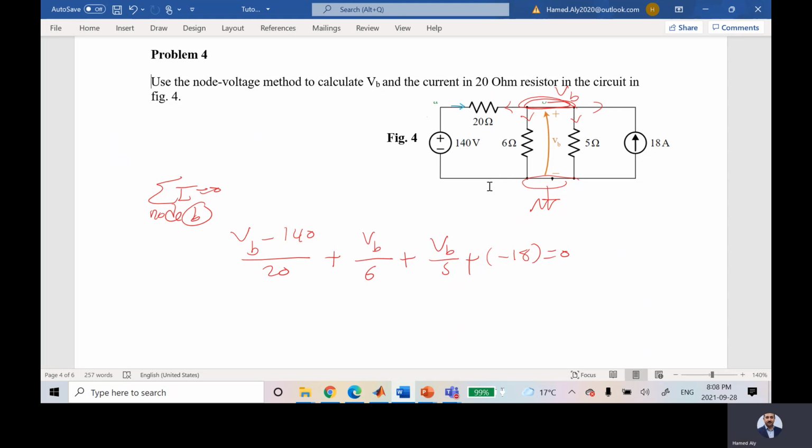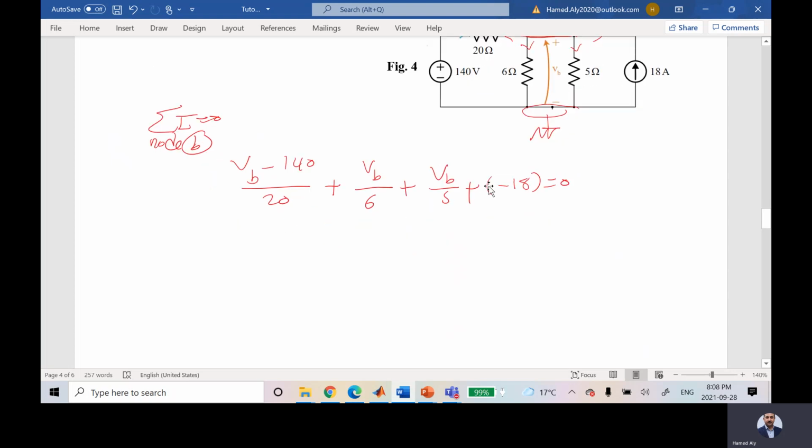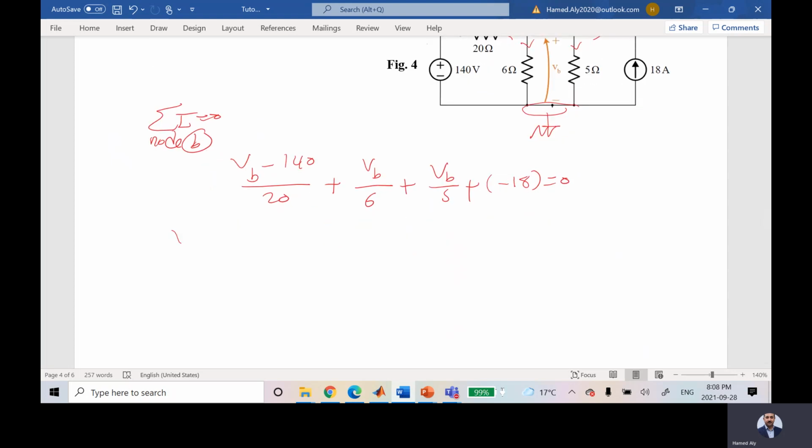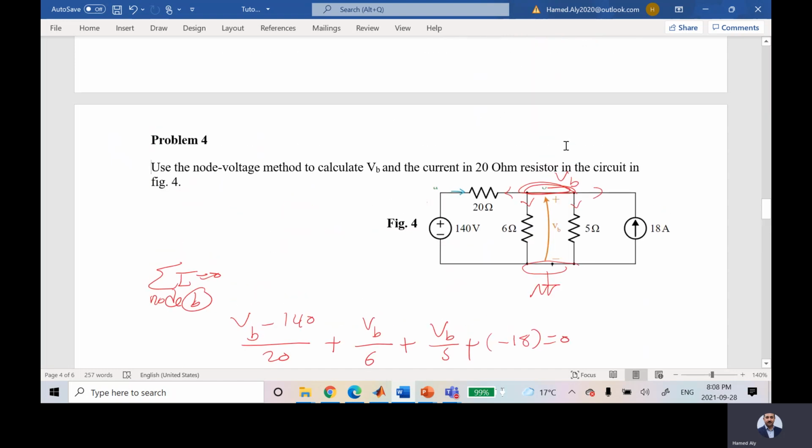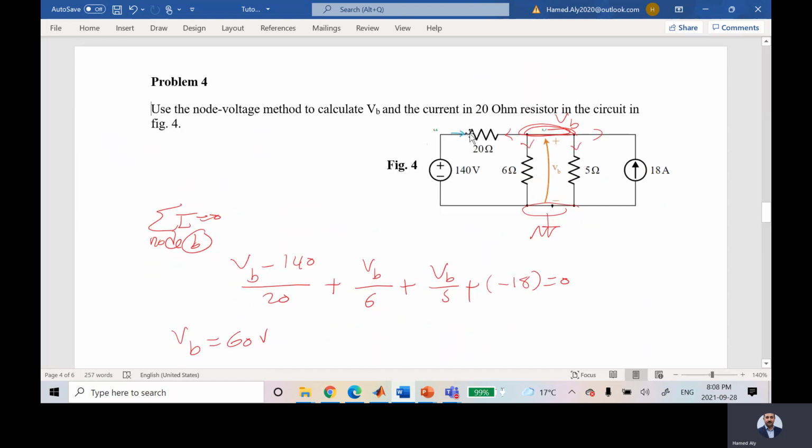Okay, let us see another problem. If you try to solve this for finding VB, I think VB will be equal to 60. And he asked me as well to calculate the current in 20 ohms. He would like to find this current. What is the direction for that current? Which direction you like?